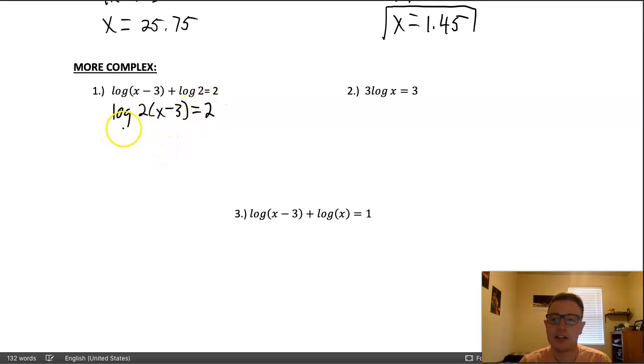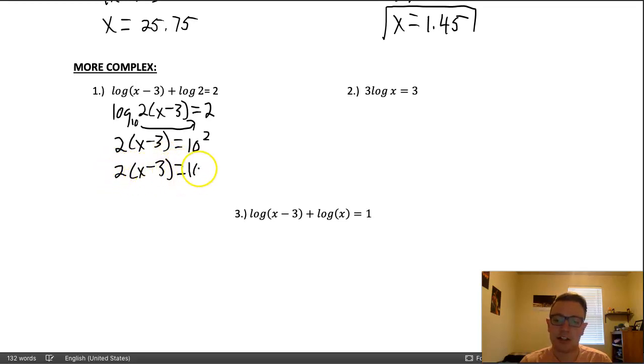Now remember the common log is log base 10, so we're going to move that over to the other side, and we get 2 times x minus 3 is equal to 10 squared. Right, we take our base, move it over to be the base of the other side. And from here we just solve. We have 2 times x minus 3 is equal to 100. Divide by 2, then add 3, you get x is equal to 53.